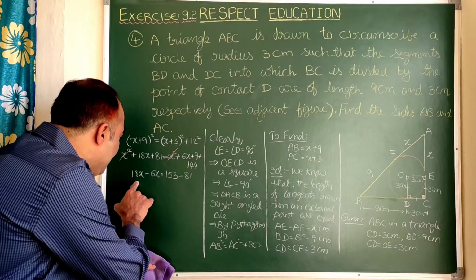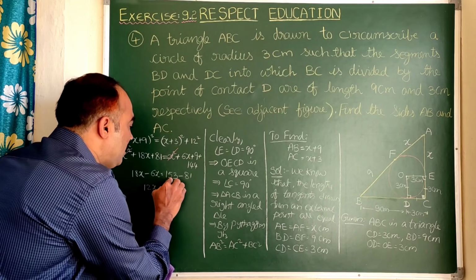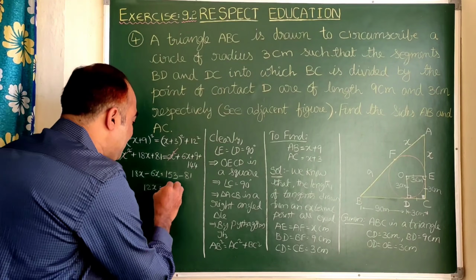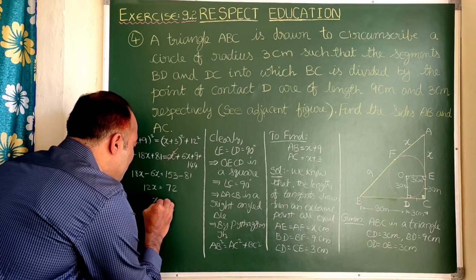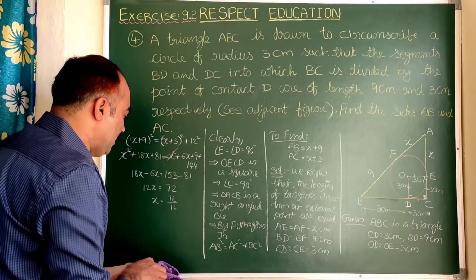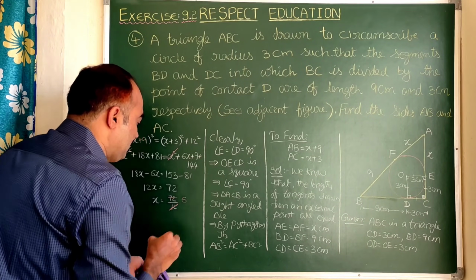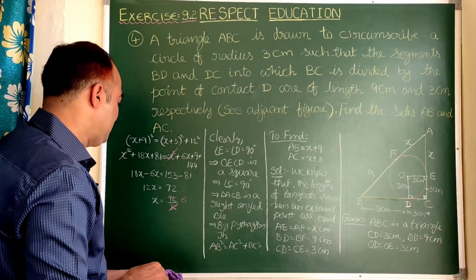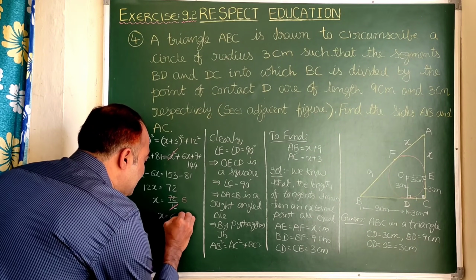Clear? 18x minus 6x is 12x, equal to 153 minus 81, which is 72. So x is equal to 72 by 12. In the 12 table, 72 is 6 times 12. So finally we get x is equal to 6 centimeter.